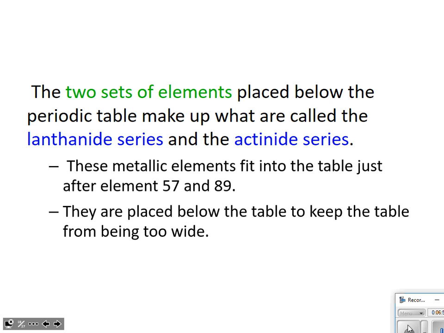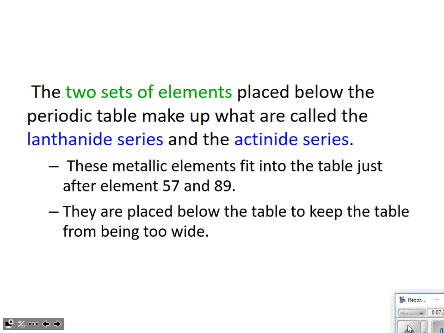I think I said 59, I meant 89. Find those on your periodic table. Notice they have the little star and the double star in their boxes. That is where 57 and 89, that is where the lanthanide and actinide series fit in.